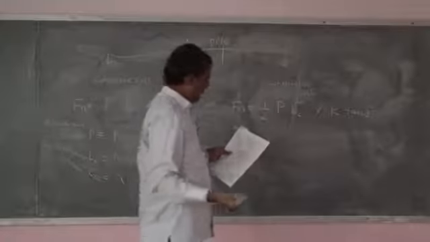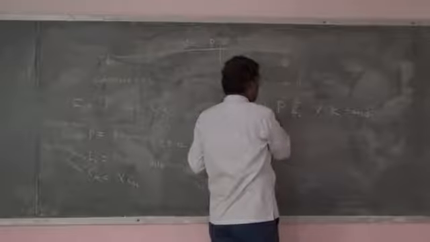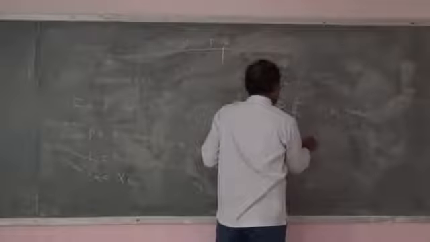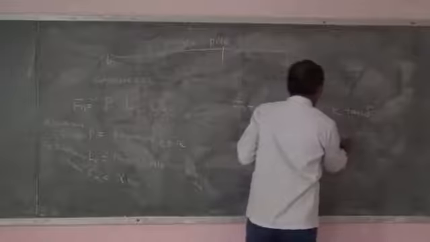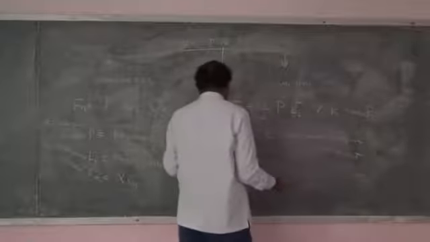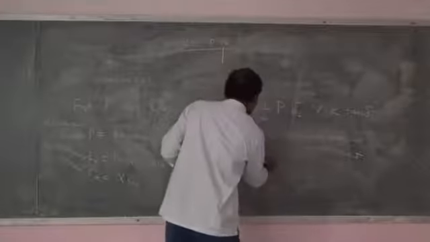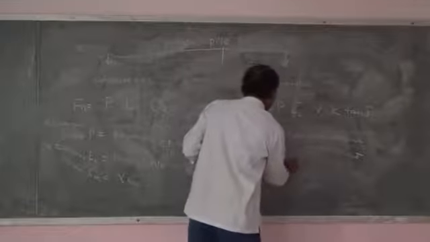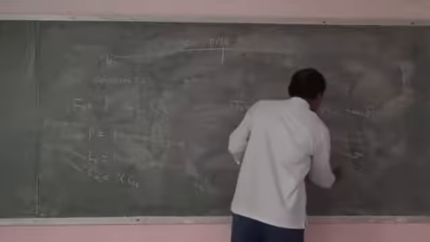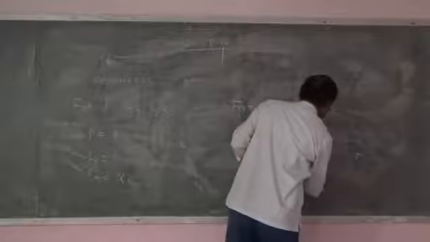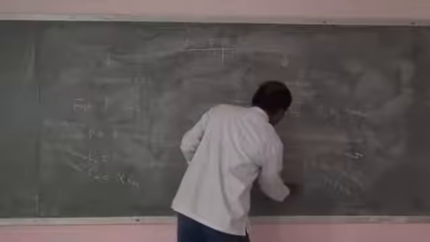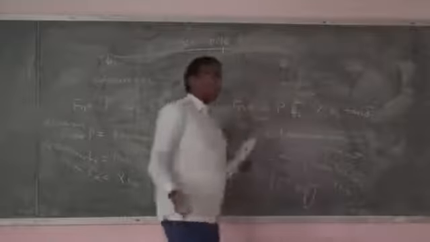This is the unit weight, this is the length, this is the perimeter, K is the new term, K is equal to lateral earth pressure coefficient, and delta is equal to angle of friction between soil and pile, and this is taken as 1 by 2 to 2 by 3 of phi. Phi is angle of shear resistance, you know it.